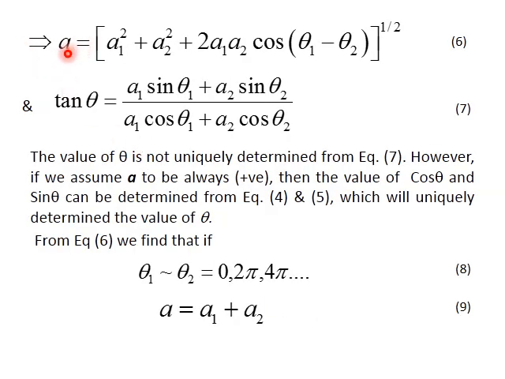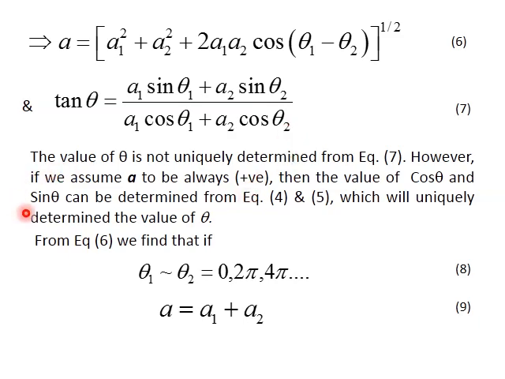Now from this we have found that A is given as the square root of A1² + A2² + 2A1A2 cos(θ1 − θ2). So this is basically the amplitude of the resultant wave. Now considering their phase, if I divide 4 by 5, I'll have sin θ by cos θ, which is tan θ = (A1 sin θ1 + A2 sin θ2) / (A1 cos θ1 + A2 cos θ2).